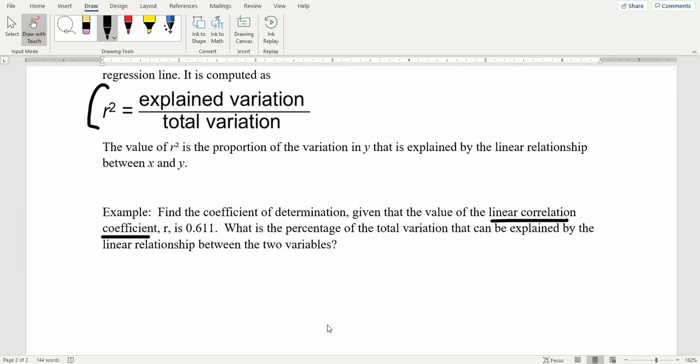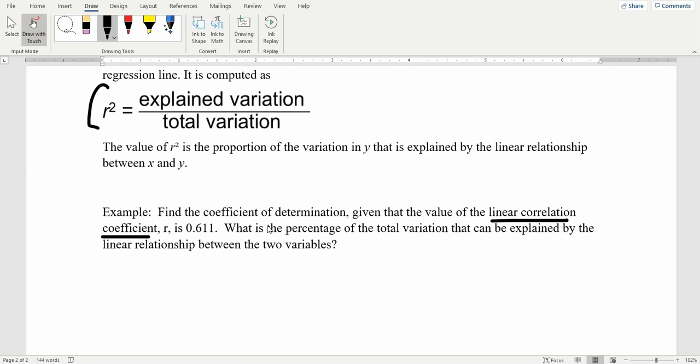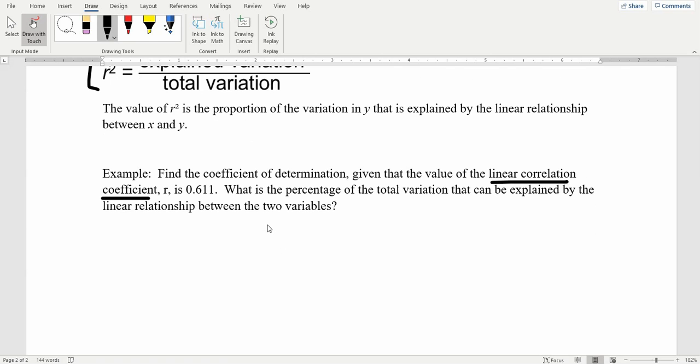They're both used to determine how close something follows a linear relationship, a line. That's what it really comes down to. The closer it is to 1 or -1, the closer it is to an exact line. So we have r is 0.611, that's given.